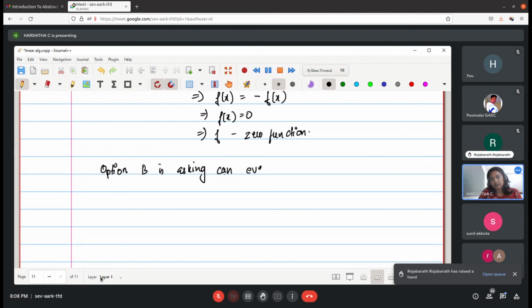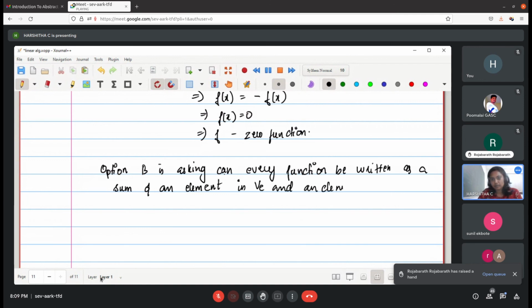Option B is saying: can every function be written as a sum of an element in VE and an element in VO? And in fact, you can check that that is true.